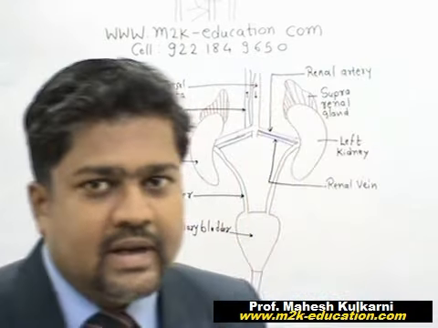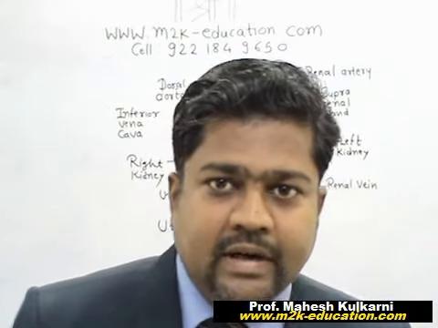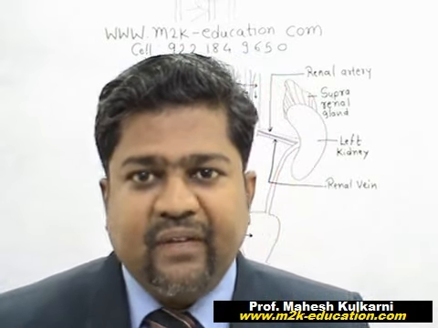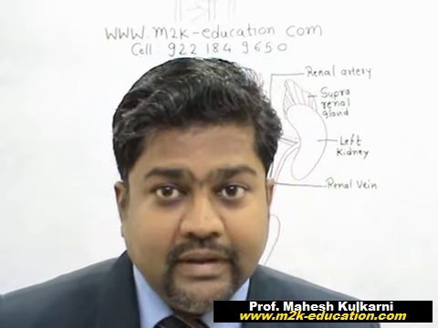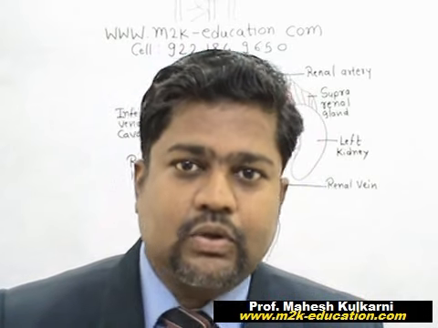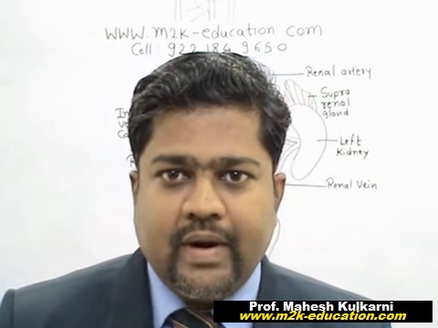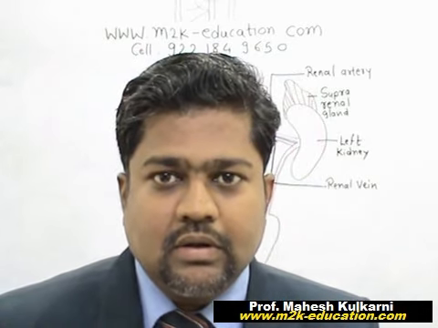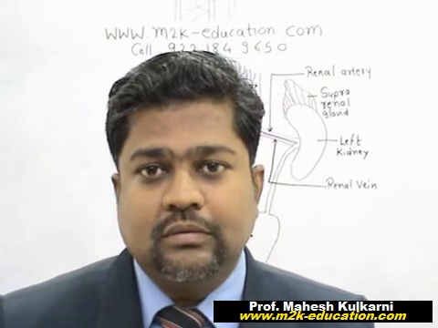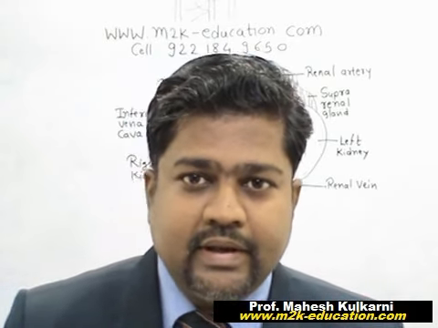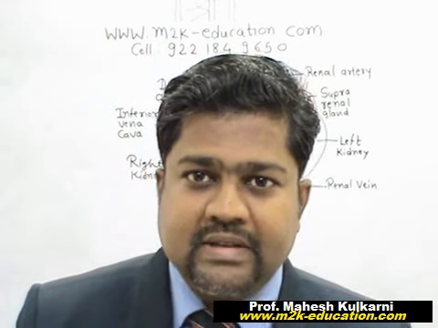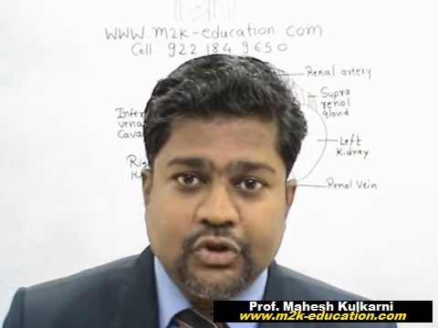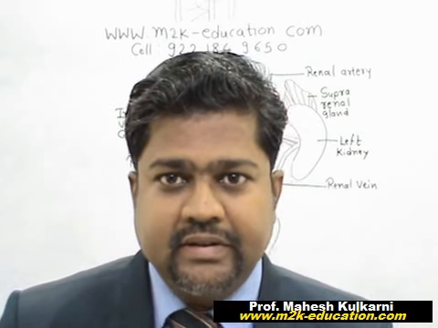So this suprarenal gland is also a type of endocrine gland which secretes a hormone called adrenaline, and that has an effect on the liver, where glucose is stored in the form of a polysaccharide called glycogen, and this glycogen is converted into glucose on secretion of this hormone, adrenaline. So when there is fear, there is tension, or some extraordinary sudden shock, adrenaline is secreted.